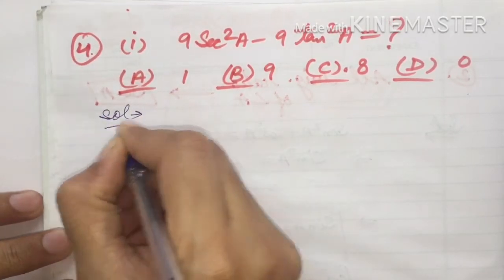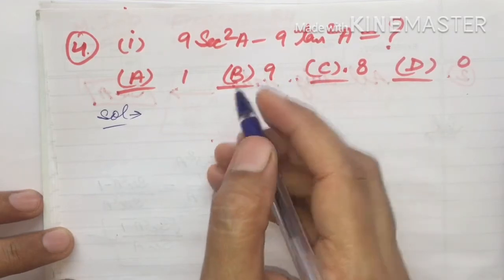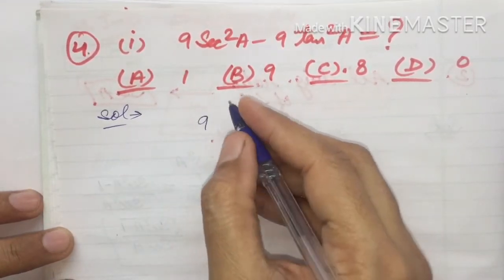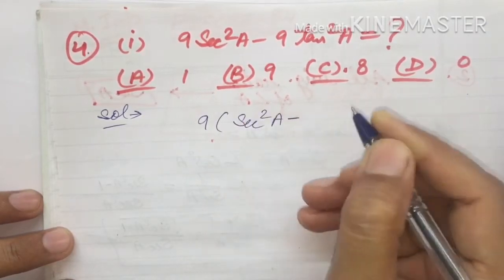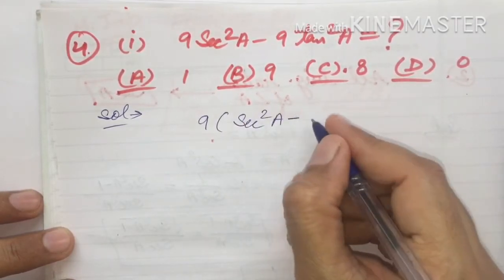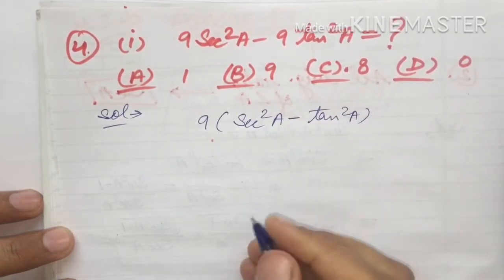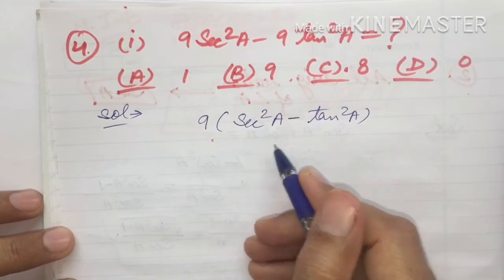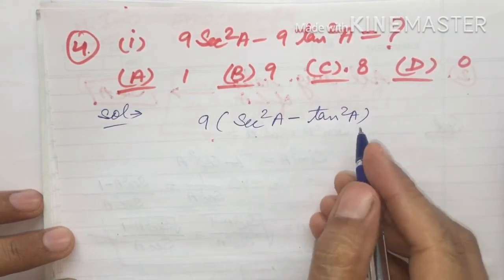So let's do it. 9 secant square a minus 9 tan square a. So I can take 9 common from this equation, secant square a is left inside the bracket, and 9 has gone, so tan square a is left in the bracket. So this is our property, secant square a minus tan square a is equal to 1.